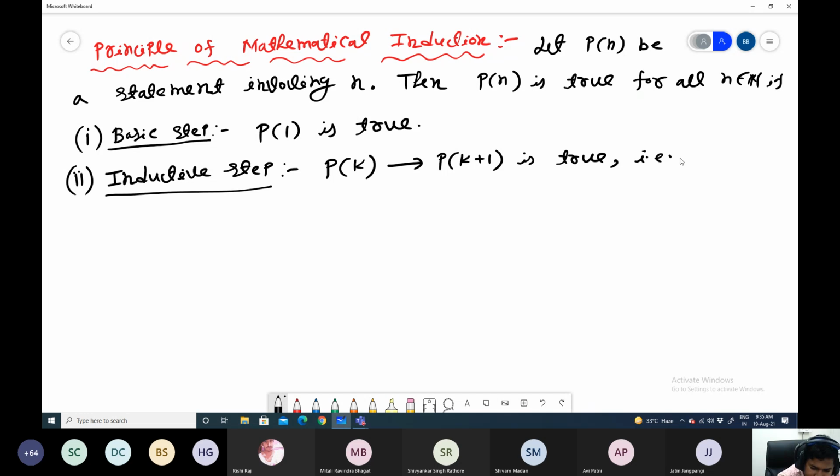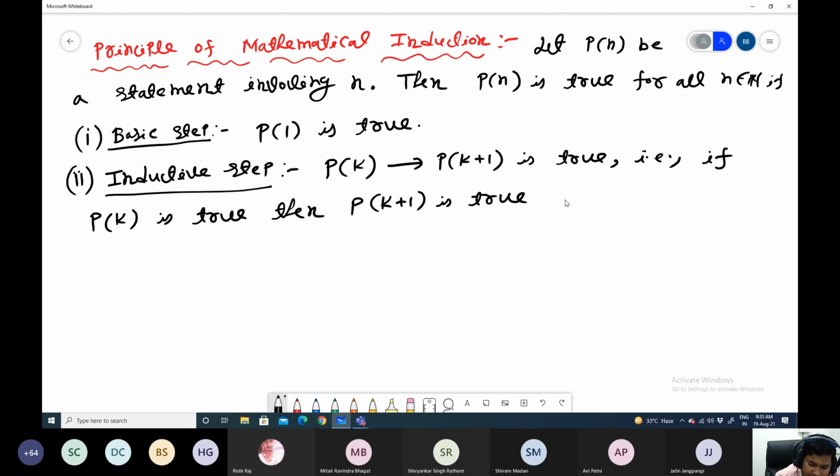That is, if Pk is true, then Pk plus 1 is true, and this is true for all k belonging to the natural numbers. Okay. Now, if these two conditions hold, that is, one is the basic step and another is the inductive step, then we prove that Pn is true for all natural numbers n. Okay.